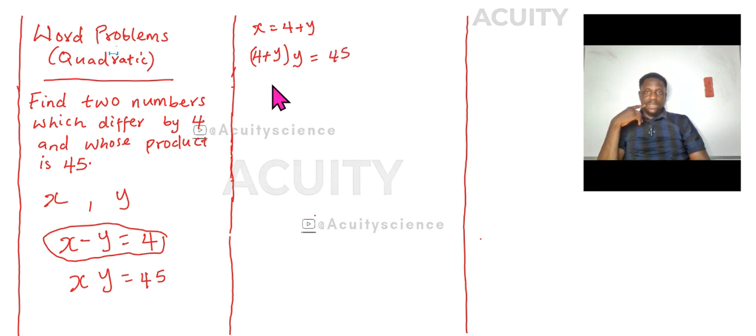So I'll solve this. 4 times y, and y times y, of course, y squared, equals 45. Okay, I would like to complete the square because that's easier. So I will just arrange it in a familiar way, starting with the power 2 before the power 1 before the constant.